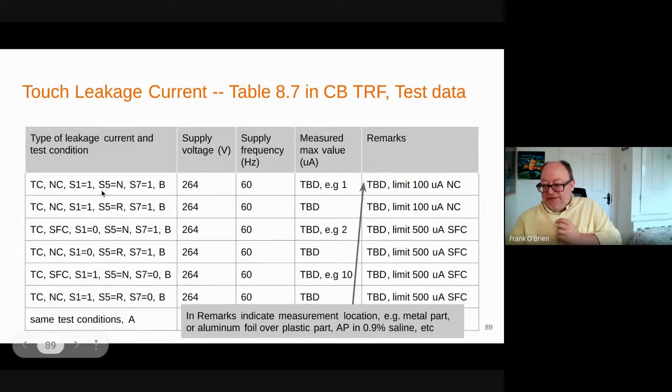And with touch, you're going to have 6 cases because there's an S1 as well as an S7. So here S7's closed, but S1's open. Here S7's closed, or the other way around. I don't know what 0 and 1 is. I'm losing it. S1 is, I think, open is one.